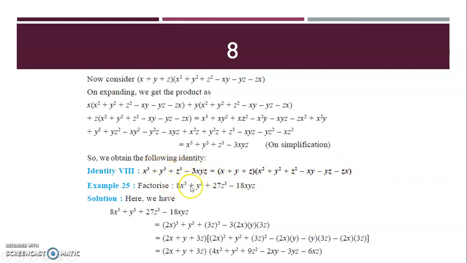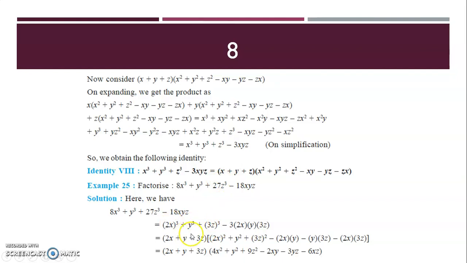So here we have another factorization. If you find another cubic polynomial and there are three perfect cubes, here we have 8x cube is 2x the whole cube, y cube is y the whole cube, and 27z cube is 3z the whole cube.